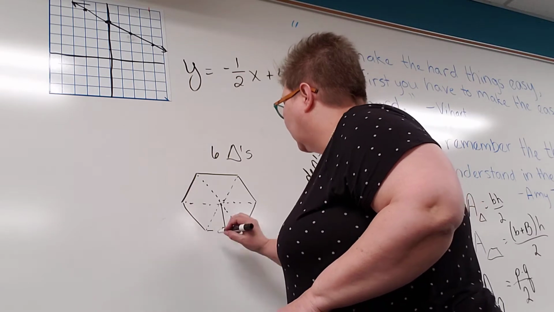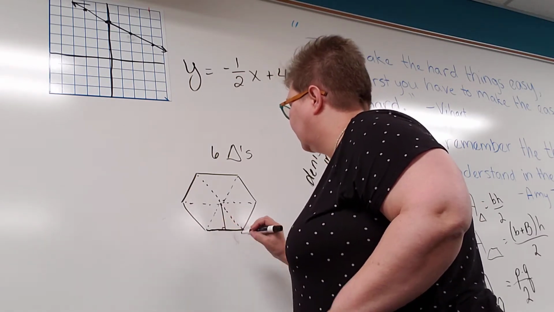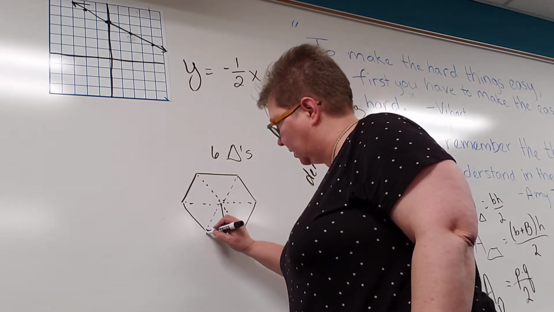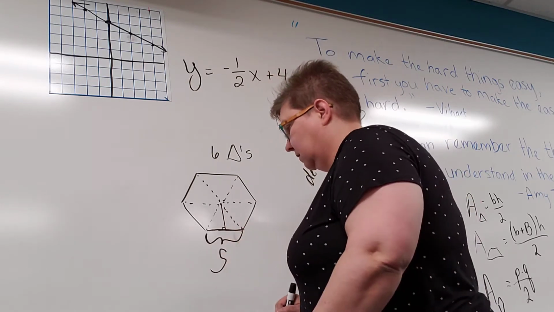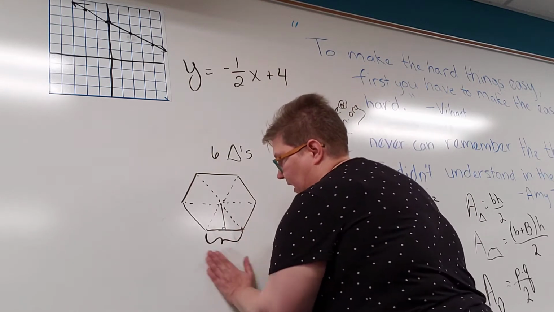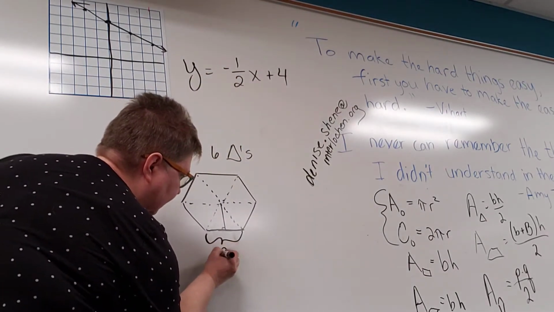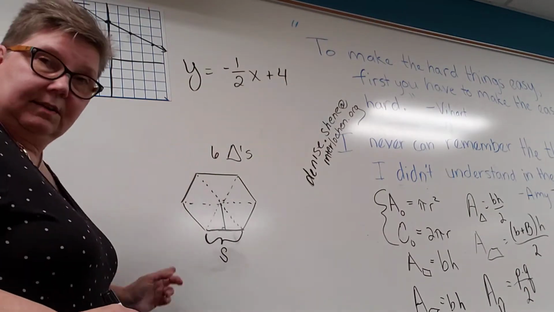So what we're going to do is look at a side length, okay? Whatever length this side is, we're going to call it side S, for side length. And there are 6 of them.